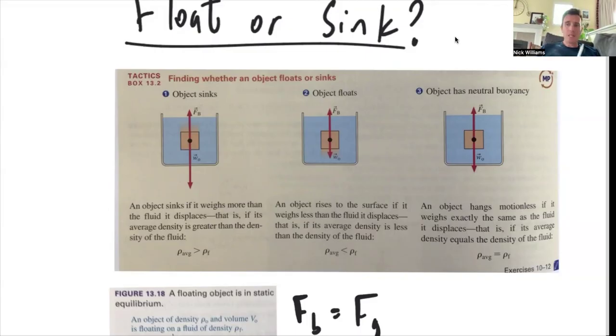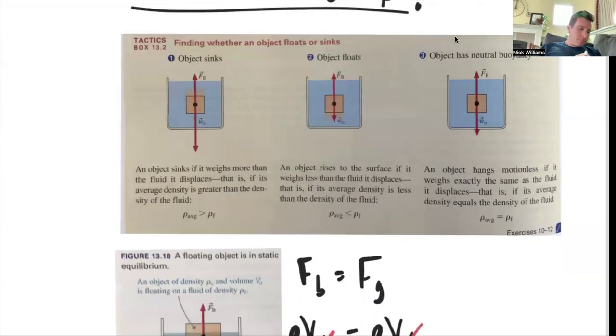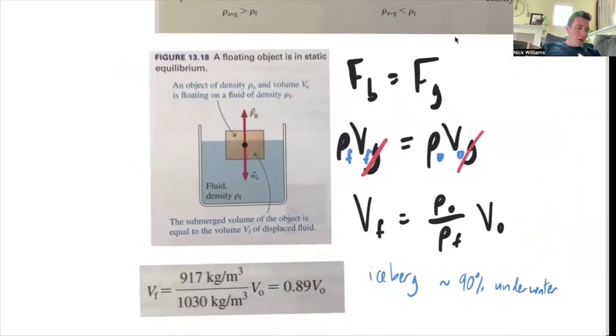They don't like that. Okay, so a floating object, if it is floating on the surface, is in static equilibrium. So if it has a density and volume of the object floating on a density of the fluid, it will displace the same amount of liquid as its own weight. I can show that by noting that since it's in equilibrium, the force of buoyancy is equal to the force of gravity.